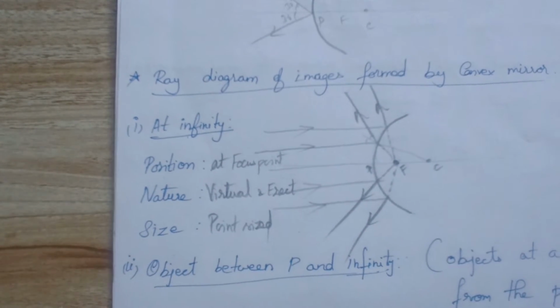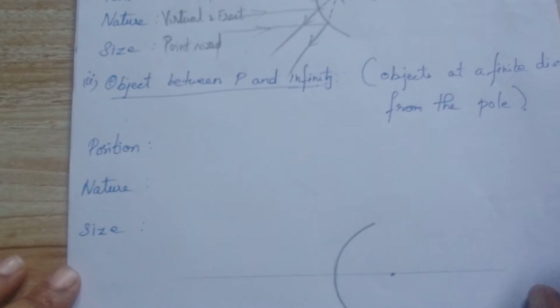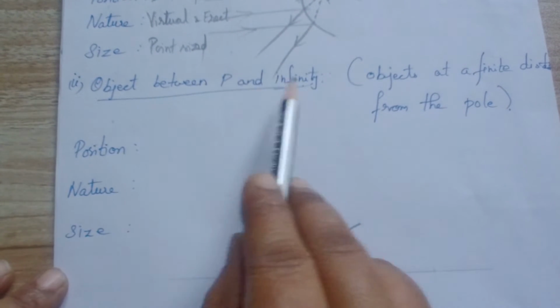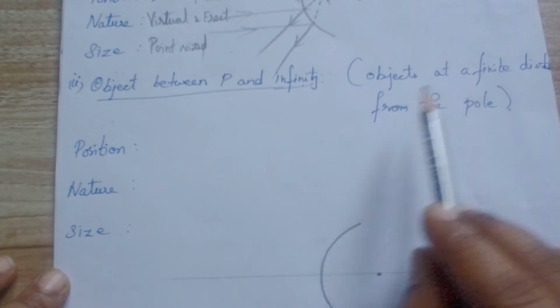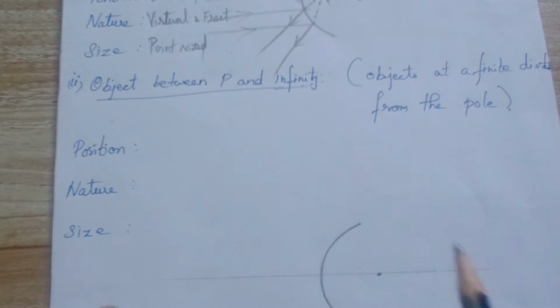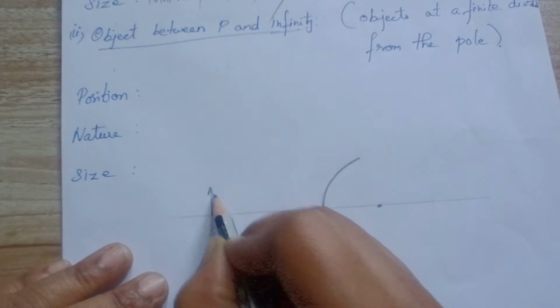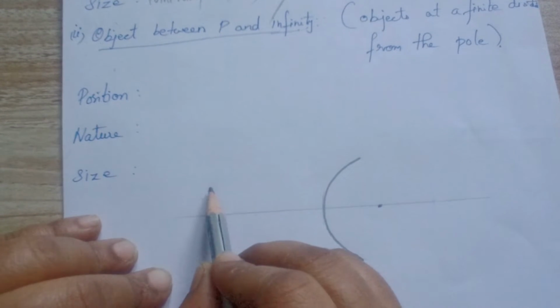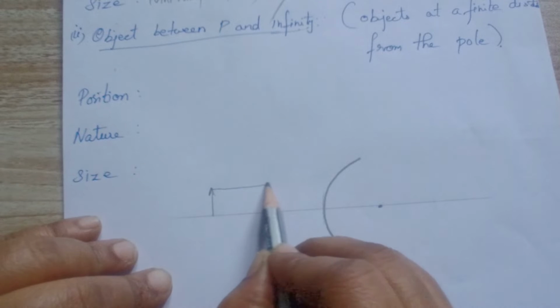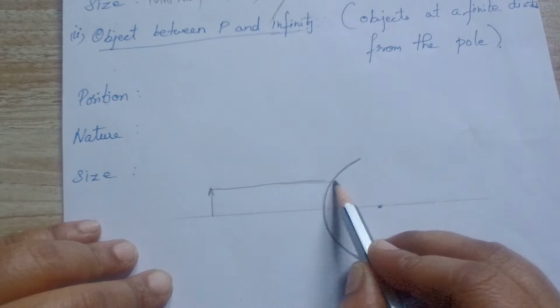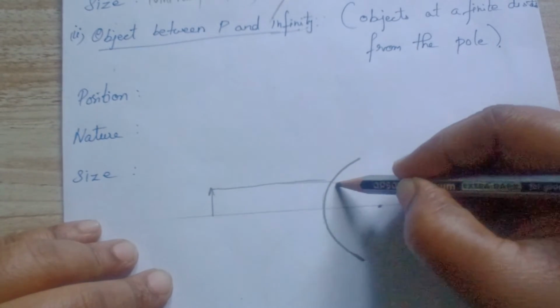Clear? Next one is the object between the pole and infinity, that is, the object is at a finite distance from the pole. We'll take some position here. The object is here. So we'll take one ray parallel to the principal axis. Parallel to the principal axis means first we'll draw the normal.